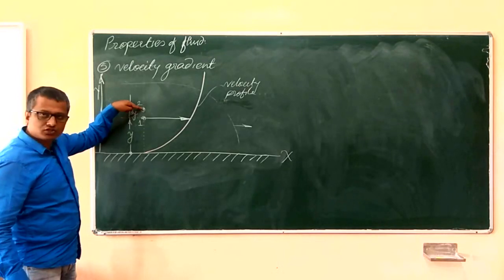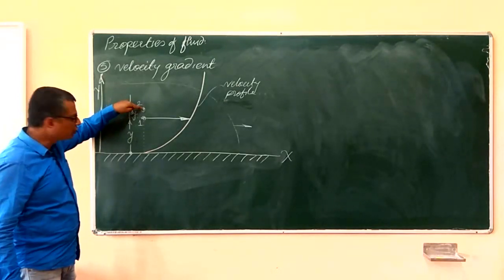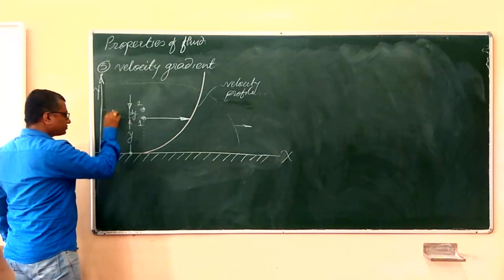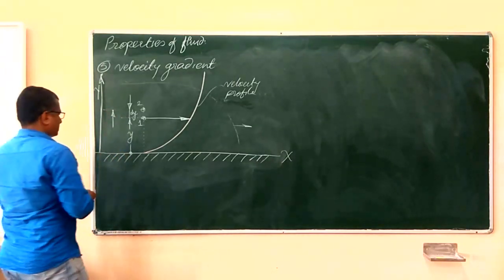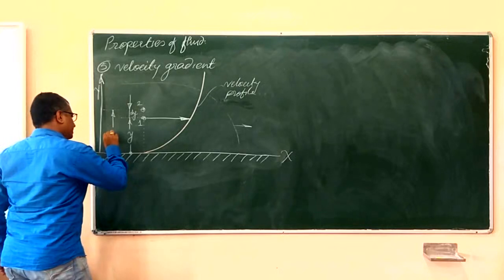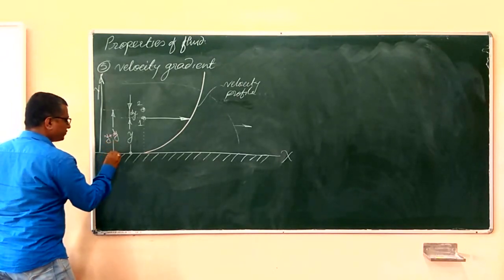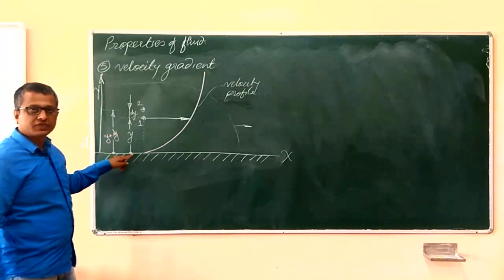So, the total distance of this point 2, or say the layer 2, from the fixed layer will be equal to y plus dy. This will be the distance of the second fluid layer from the fixed surface, right?